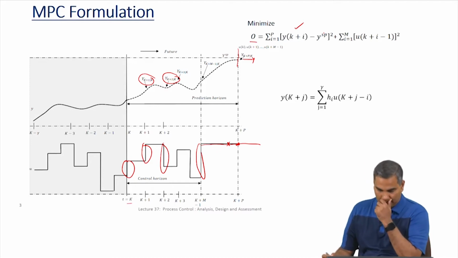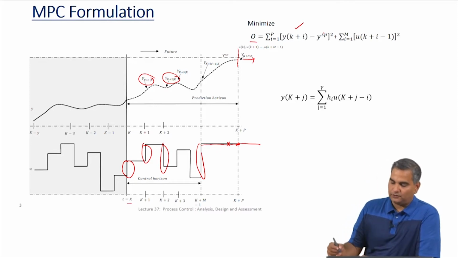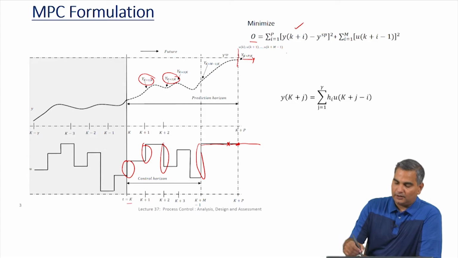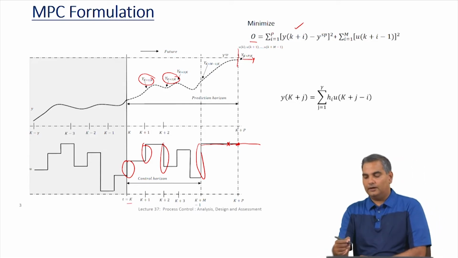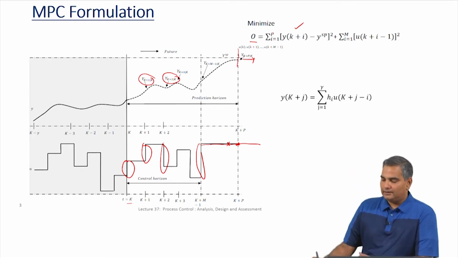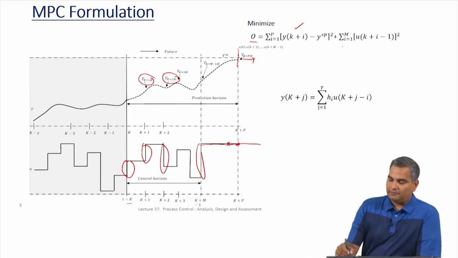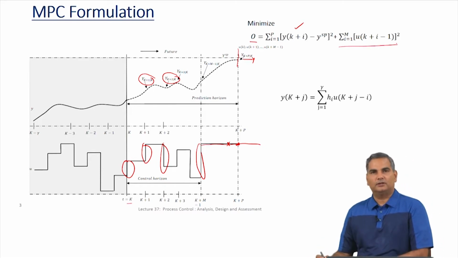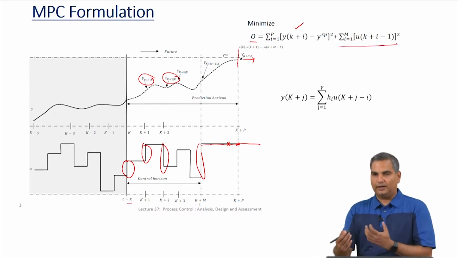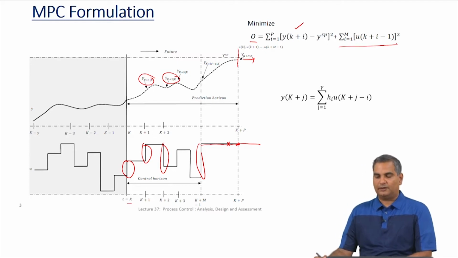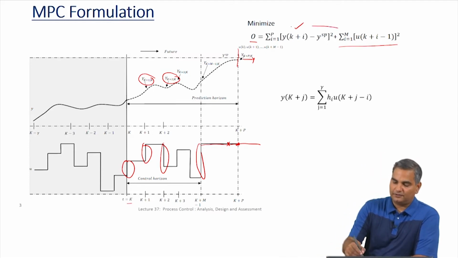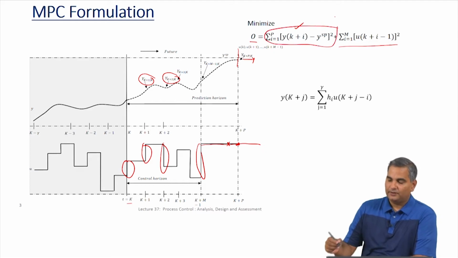So, I am going to say (y_{k+i} - y_setpoint) squared would allow me to have this y_{k+i}, from i = 1 to p, be close to the y set point. And not only that, we also say at the same time I do not want to make too much control moves. So, I am going to trade off both of these. So, this is the objective that I come up with. I could have simply come up with just this first term also, it does not matter.